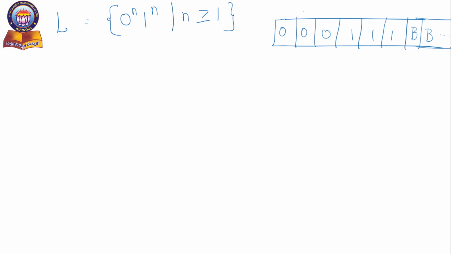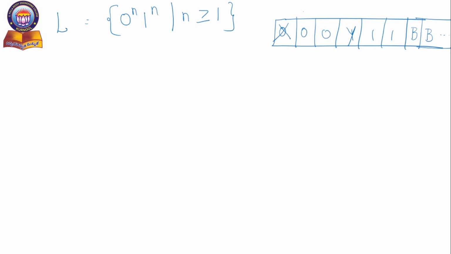Okay. Now let us think of the logic. Repeatedly, first the machine reaches the 0, then replaces this 0 by the symbol x and moves over all the symbols until the leftmost 1 is encountered. When this 1 is encountered, it is replaced by the y symbol, indicating the matching of the previous 0 that has been read.